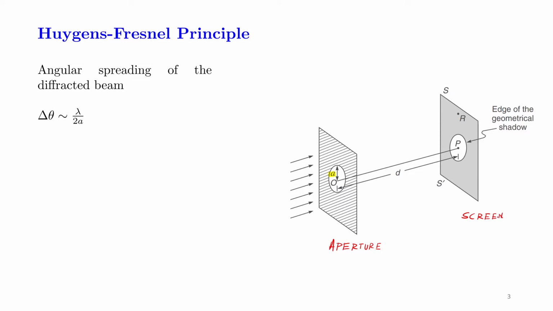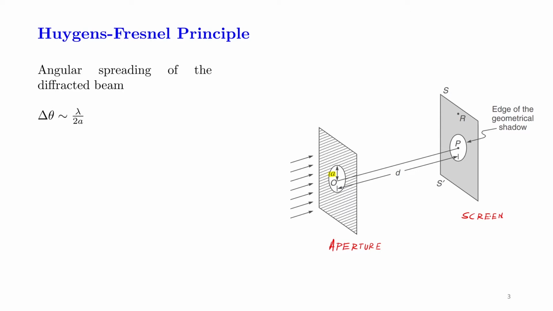The aperture with radius a casts a bright spot onto the screen. The region where there is no brightness is known as the geometrical shadow. The beam, when it encounters the aperture, undergoes a diffraction divergence, and the angular spreading is given by delta theta equal to lambda over 2a.